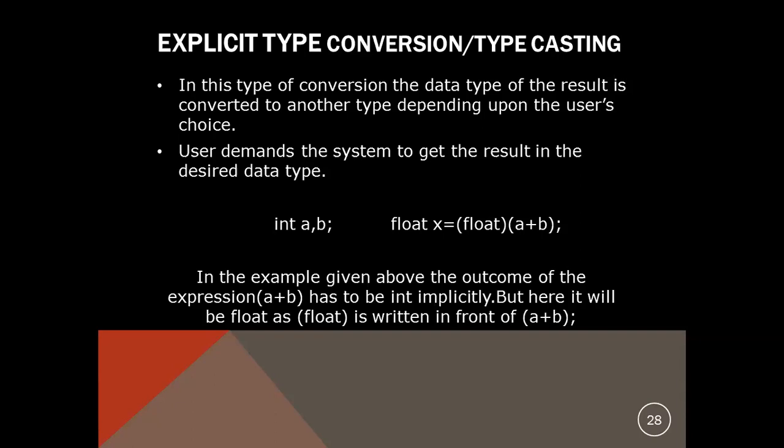So in the above example, the outcome would implicitly be int. But since I have written float in front of a plus b, the data type of x will be float.